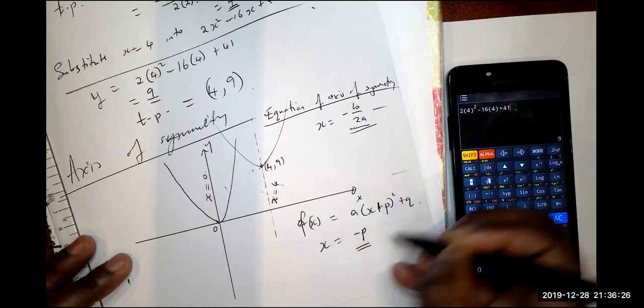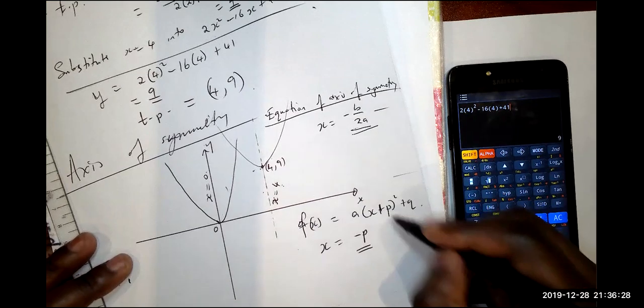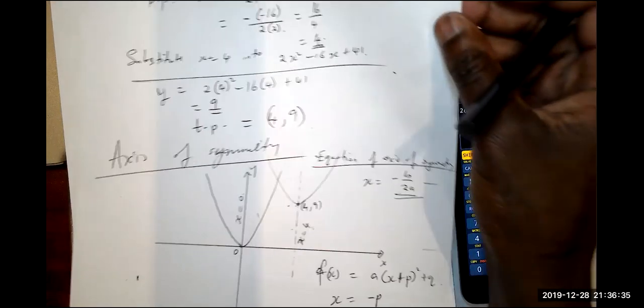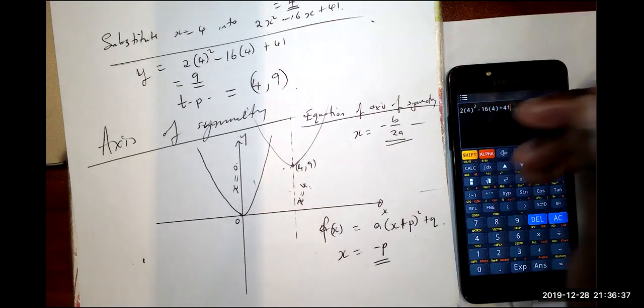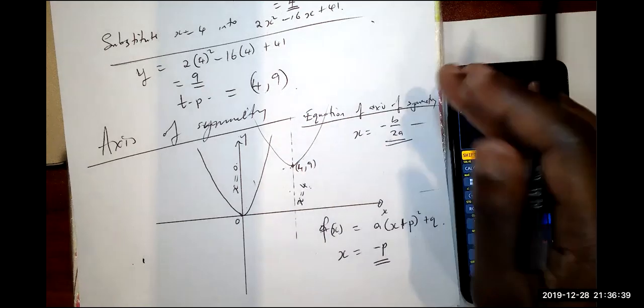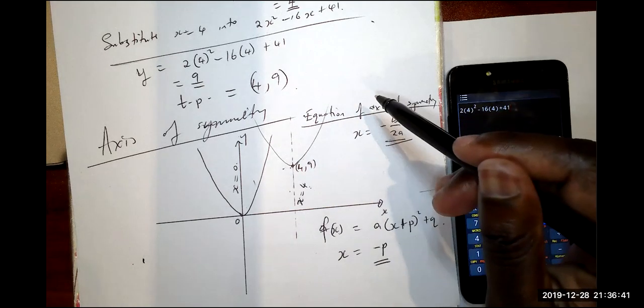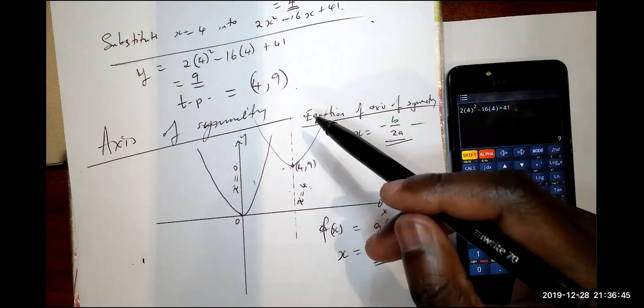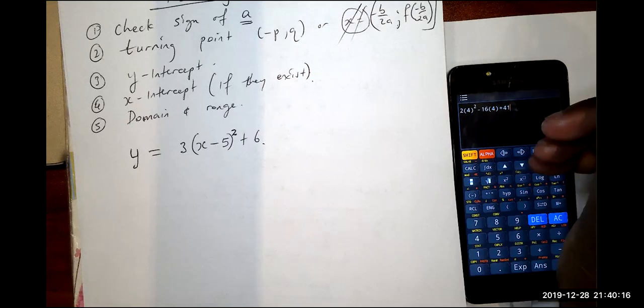That's it. So just find the p there. The p is given already, so it's equal to negative p. That's the equation of the axis of symmetry. It's as simple as that. Once you find the turning point, that's where you find the axis of symmetry. The axis of symmetry is the x value only. So don't stress much there.